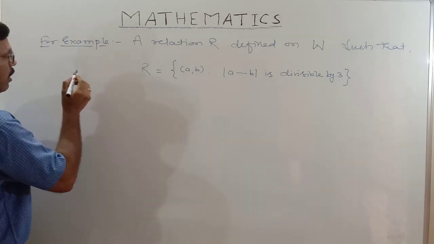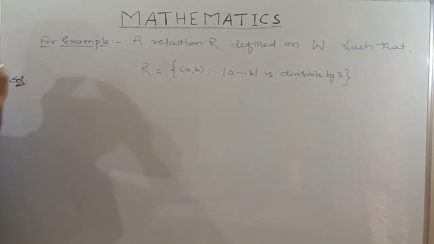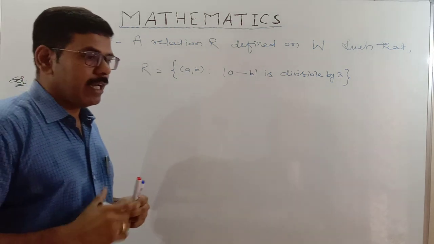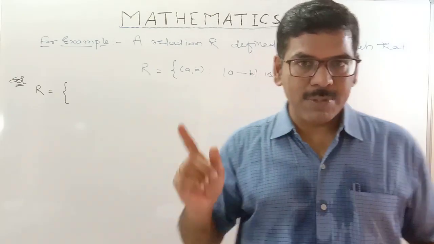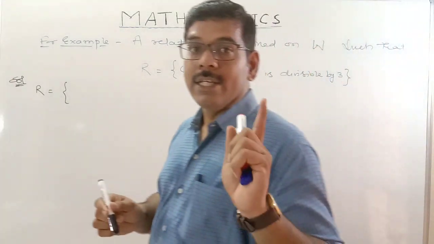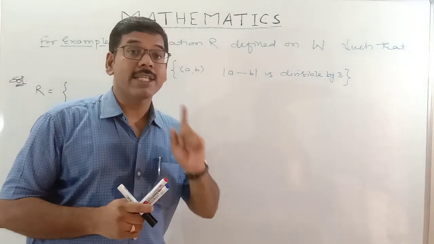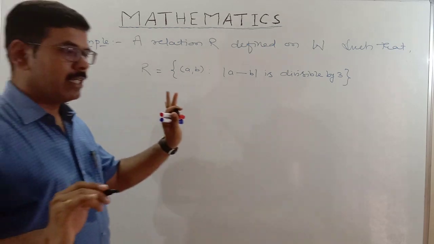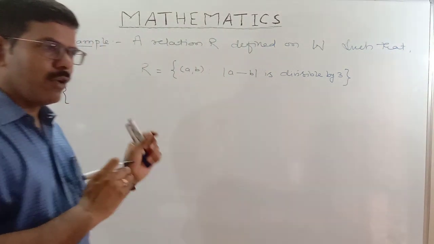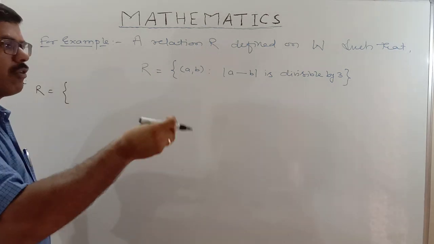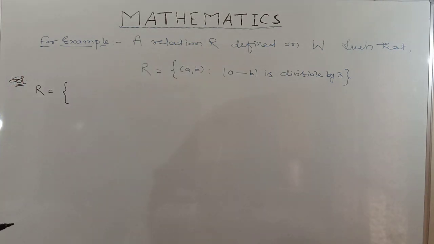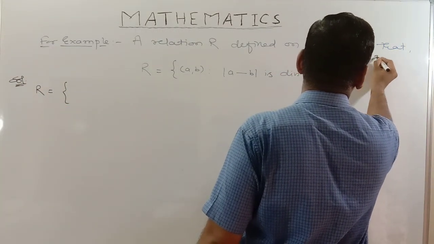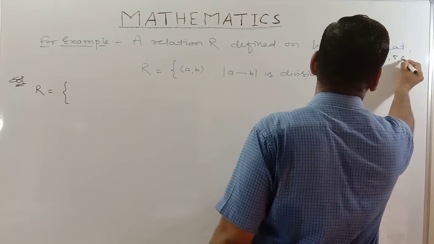For the solution, let us build the relation. For (a, b), a minus b modulus means 1 minus 1 is 0. Is 0 divisible by 3? Yes, 0 is divisible by all the numbers. Suppose we are just taking a few elements in this W: 0, 1, 2, 3, 4, 5, 6, 7.